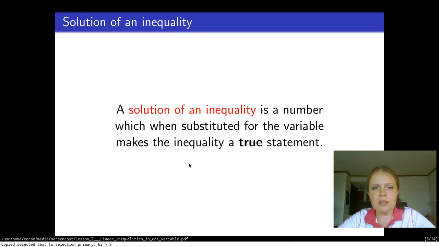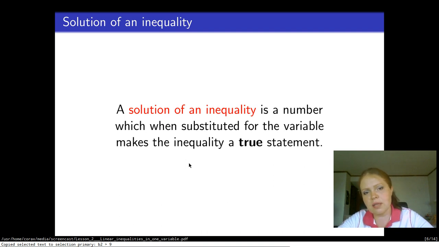As we just said, inequalities can contain variables. What does it mean to solve for a variable? That means to find the solution, or find the number. What is the variable? A solution of an inequality is a number which, when substituted for the variable, makes the inequality a true statement.